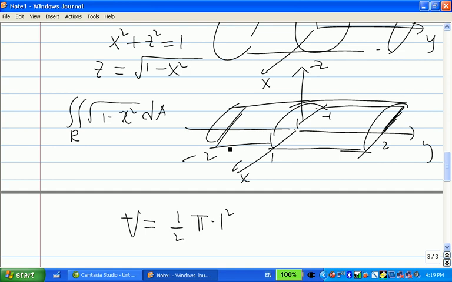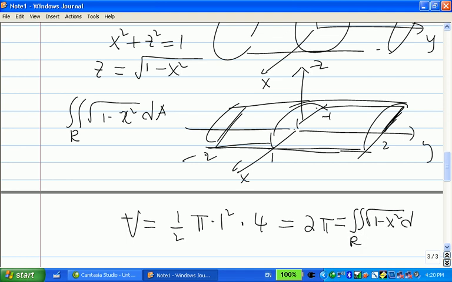Then times the length of the cylinder, which is from -2 to 2. So the length is 4. I simplify that to give you 2 pi. What is 2 pi? 2 pi is the volume of this half of the cylinder, which is exactly the volume under the surface. That's why this double integral is exactly equal to 2 pi.